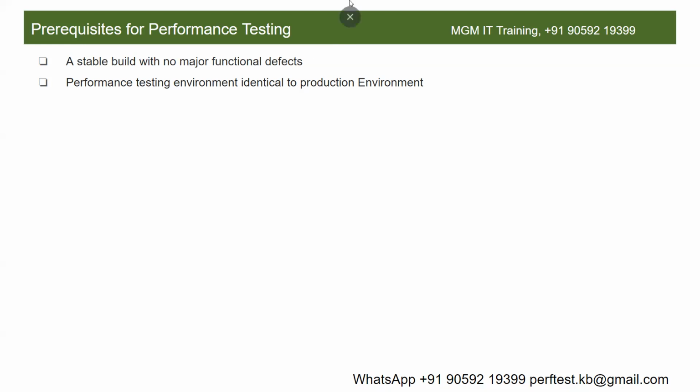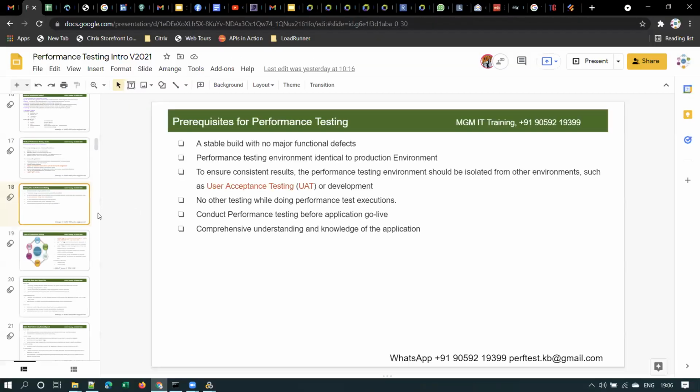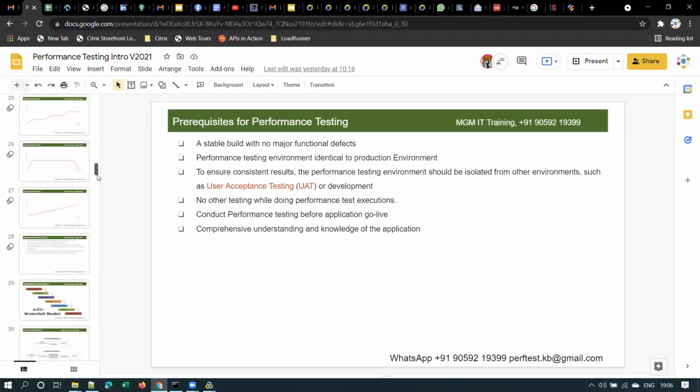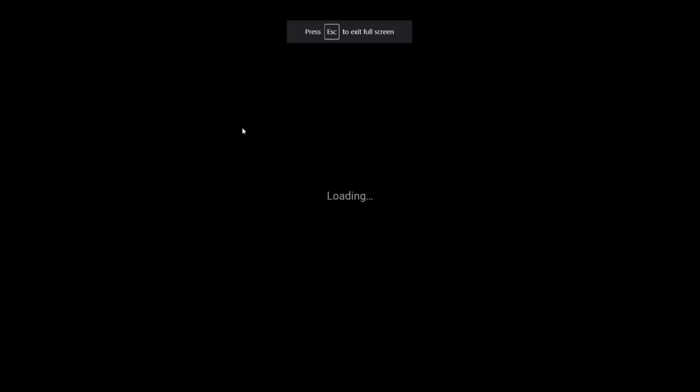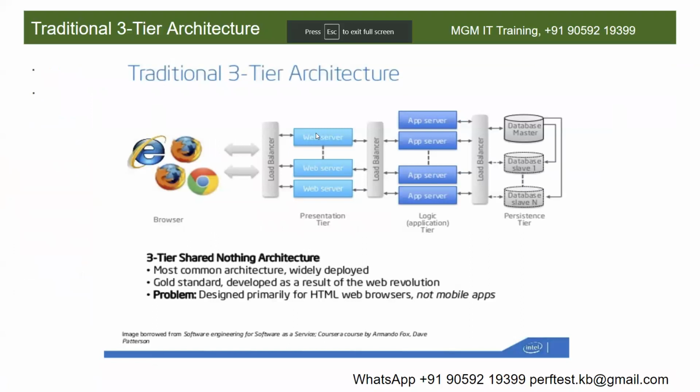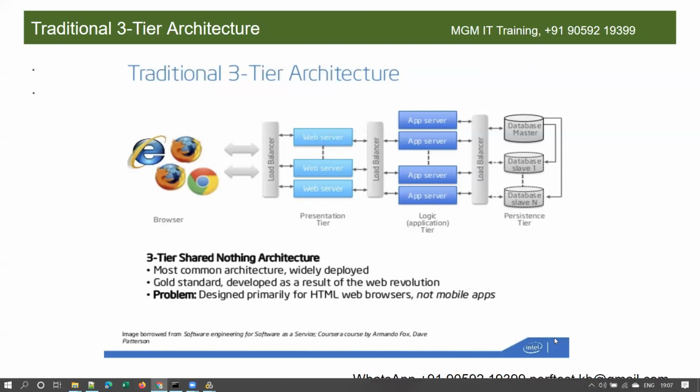What does that mean? Identical to the production environment means, let me explain quickly. Suppose your production environment is like this. Production environment means nothing but the live environment, which real-time users are already using, isn't it? So let's assume that there are 3 web servers, 4 app servers, and 3 database servers in the production environment.